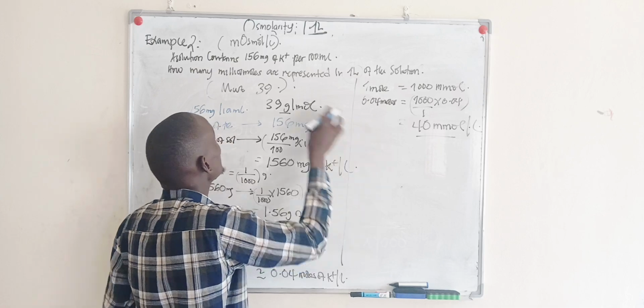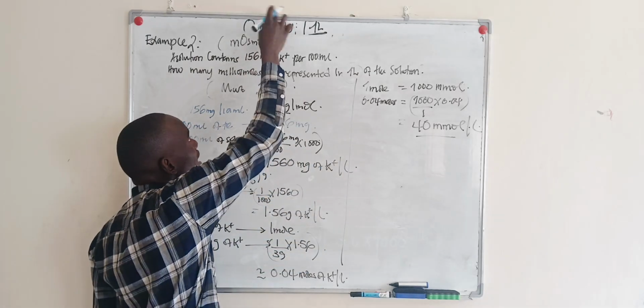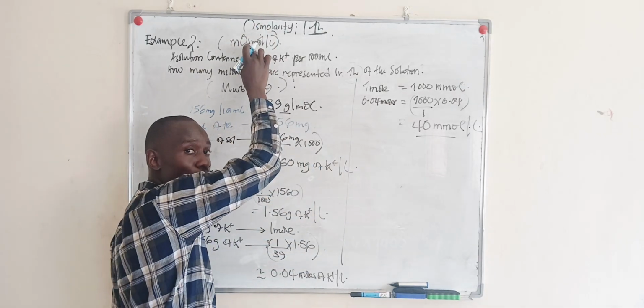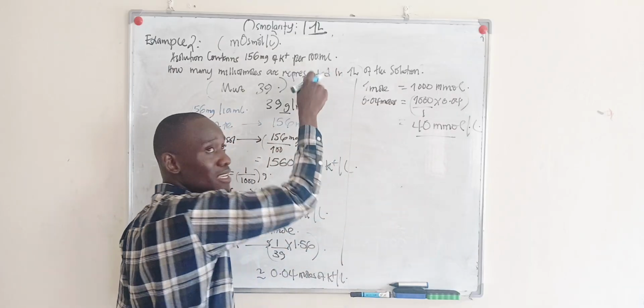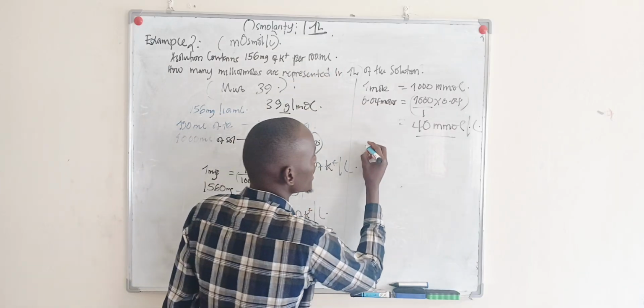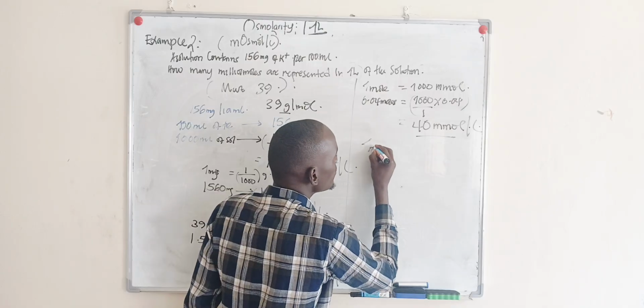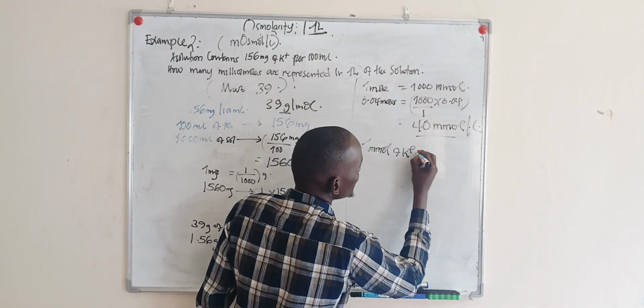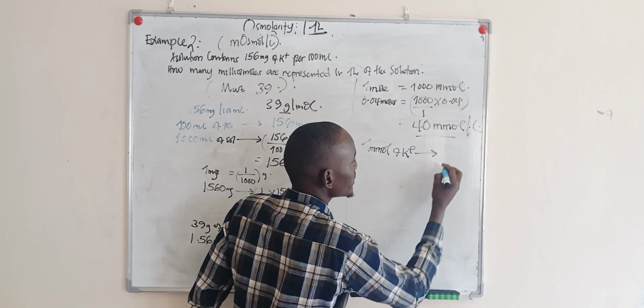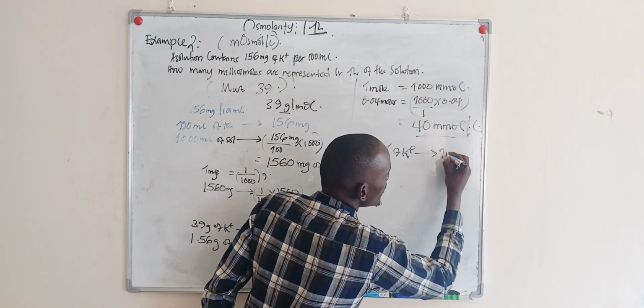But our main aim is to calculate how many mOsmols of potassium ion are in a liter. Remember, this is simply 1 ion. So we shall say 1 millimole of potassium ion is equal to 1 mOsmol.